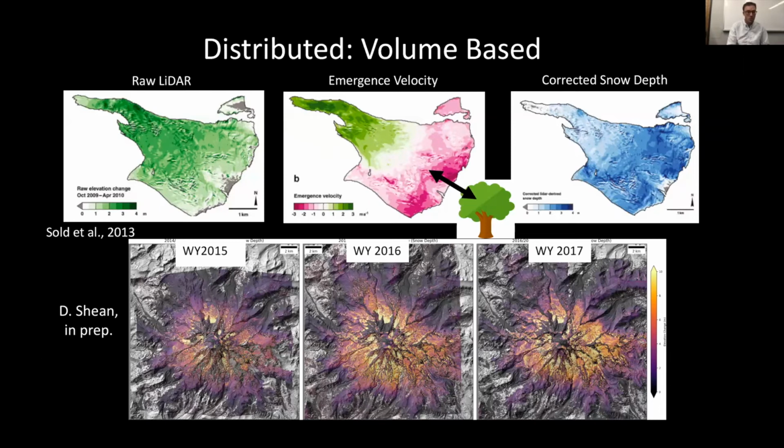On the bottom here is some work that David Shean is doing, where he's using stereo image pairs derived from the WorldView constellation to measure snow depth on Mount Rainier over 3 years. So it's spaceborne, can be widely implemented over a large area, and is quite accurate in its estimate of elevation change over that period. But again, this is dependent on the emergence velocity, which these have not yet been corrected for, but a very promising result, showing the distribution of snow on Rainier.